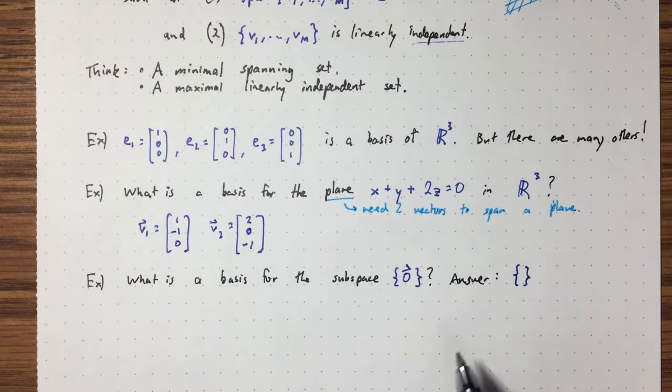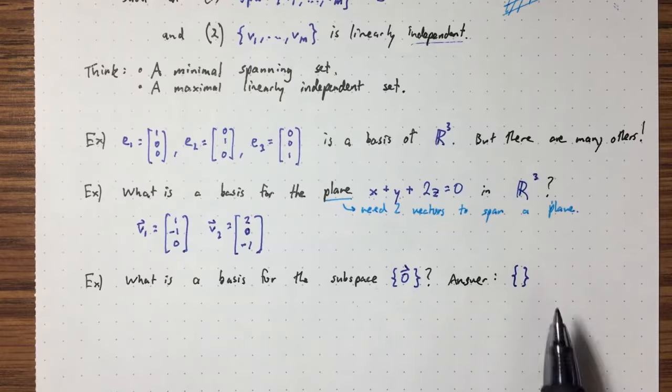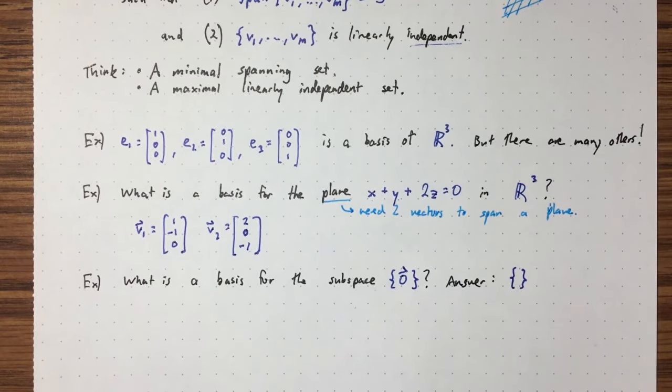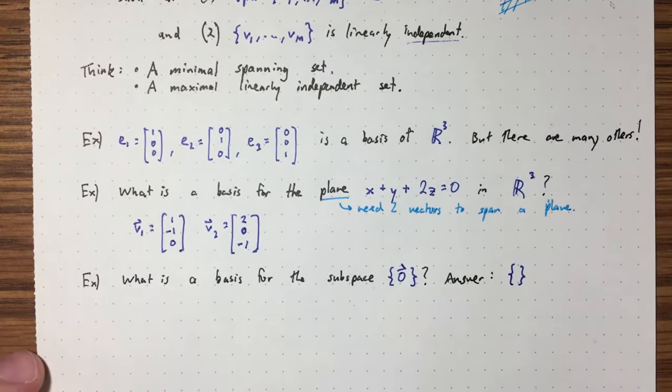And some books actually disagree. They say, well, the 0 vector doesn't have a basis. I say that the basis of the 0 vector is the empty set, but if you like philosophizing about these things, it's a fun thing to think about: should the basis be the empty set, or should it not exist? Those are different concepts, actually. But anyway, don't worry about this too much.